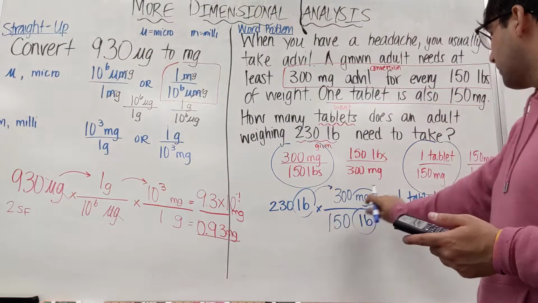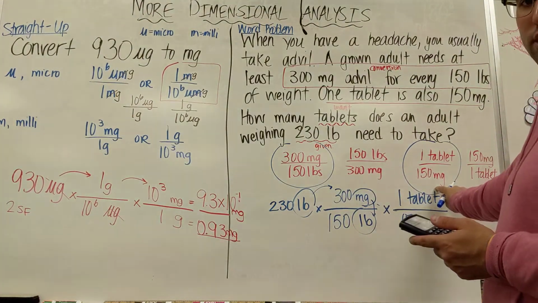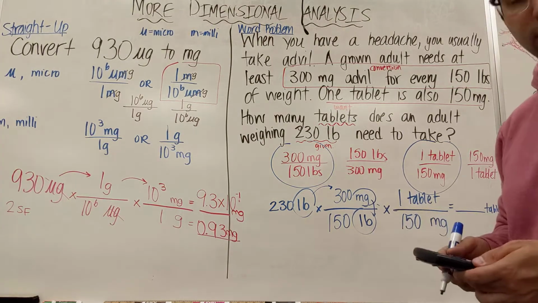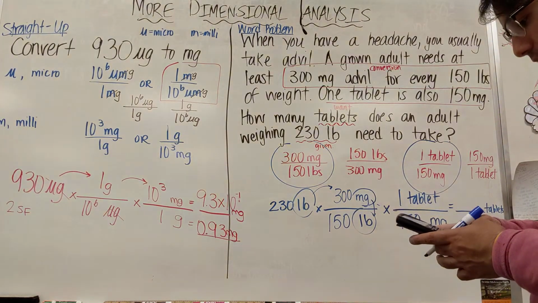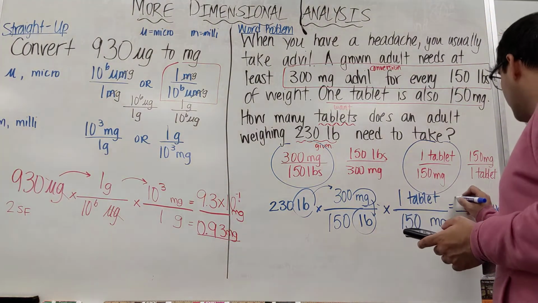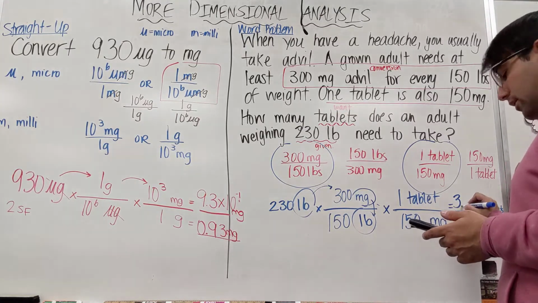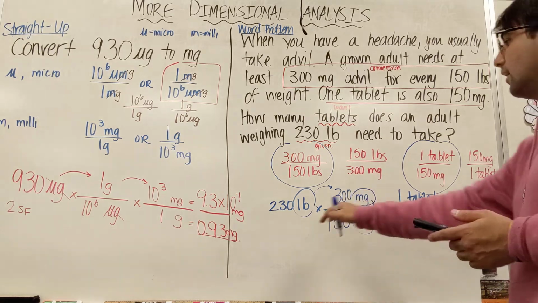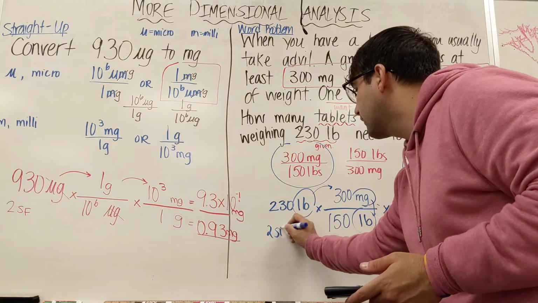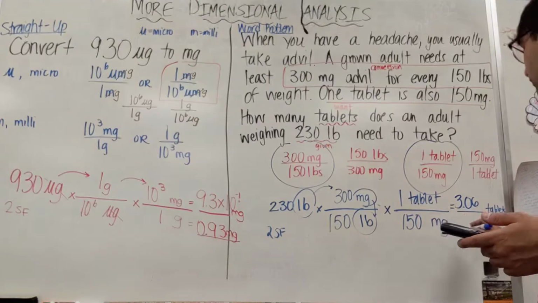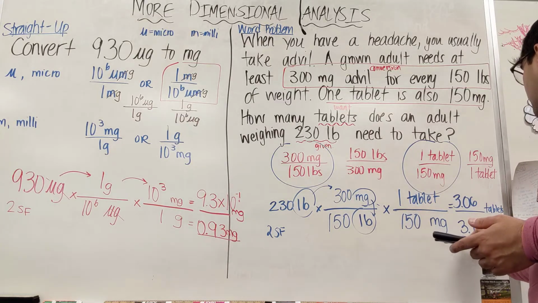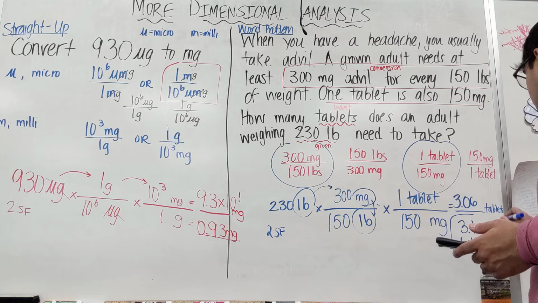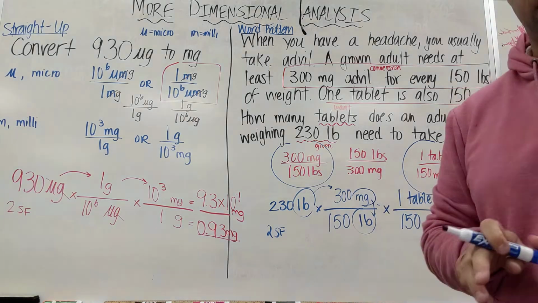Then I take that number, multiply it times 1, and divide it by 150. I get 3.0666 tablets. If I want to have two sig figs, it's 3.1 tablets. And that will be my answer.